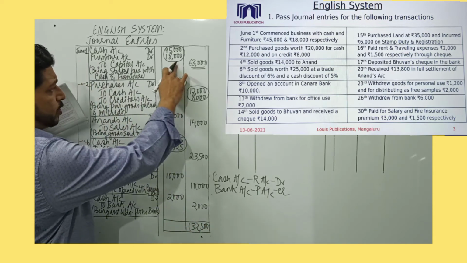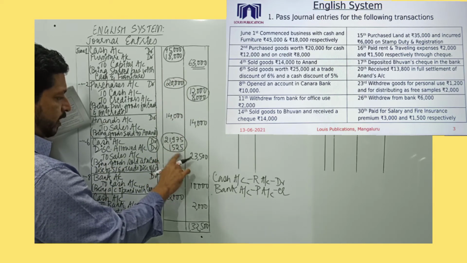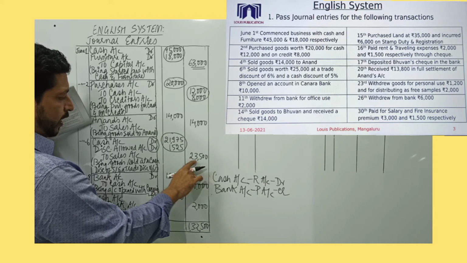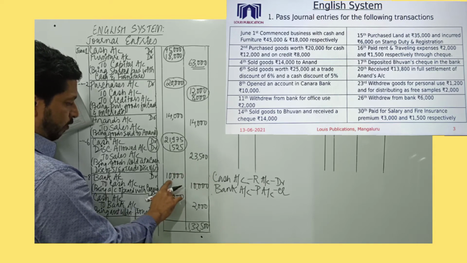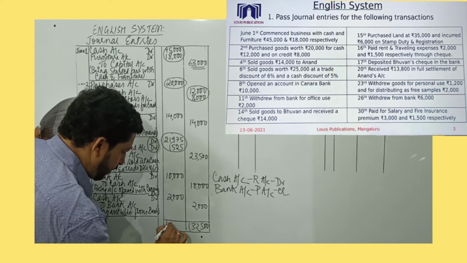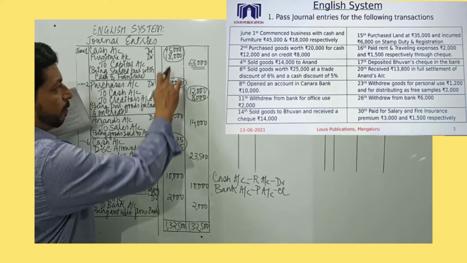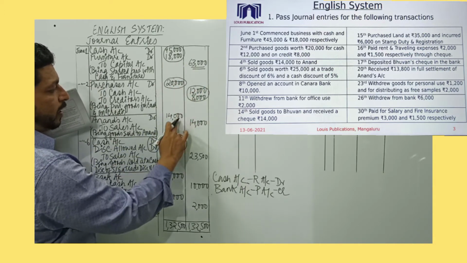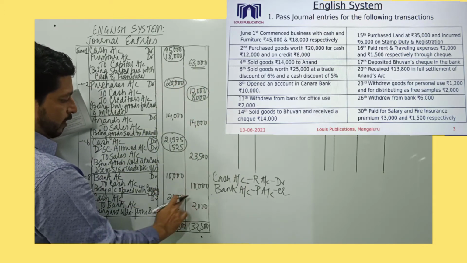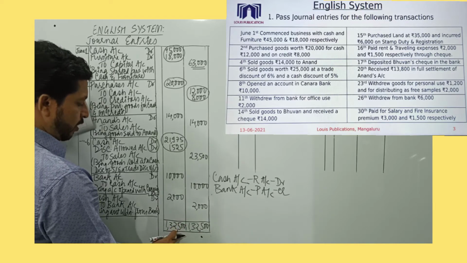Similarly, if you total here as well, it's 63, 83, 87, 97, that would be 1 lakh 20, 1 lakh 30, 1 lakh 32,500. So these numbers would be same, because for every debit there is a corresponding and equal credit.